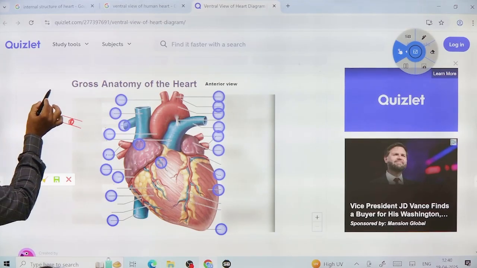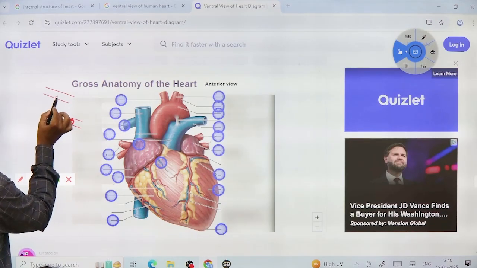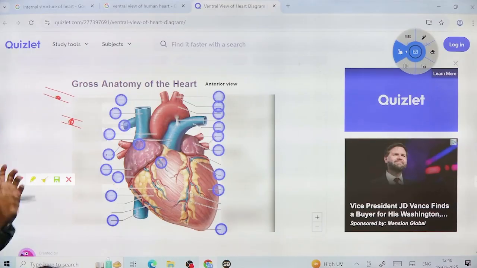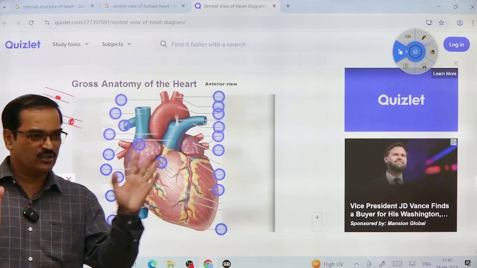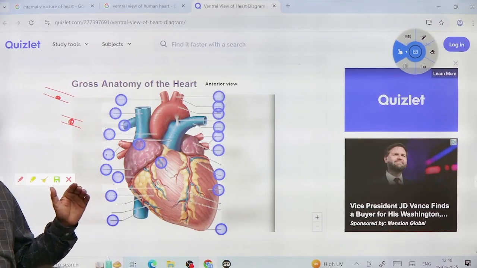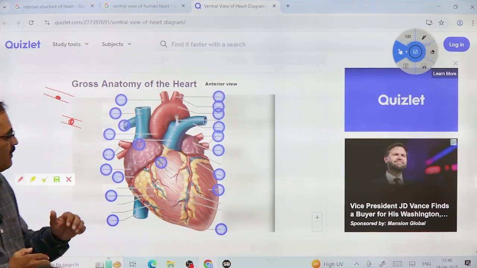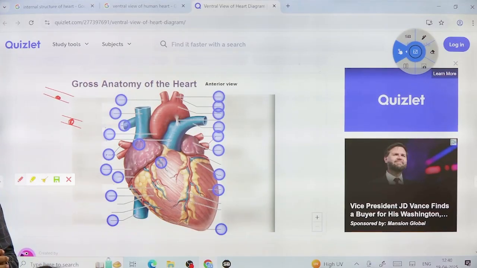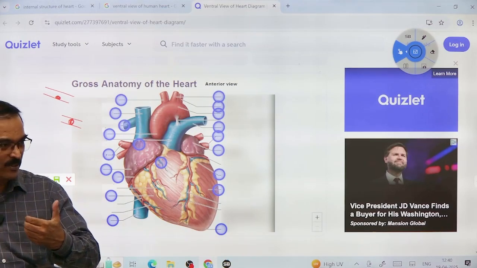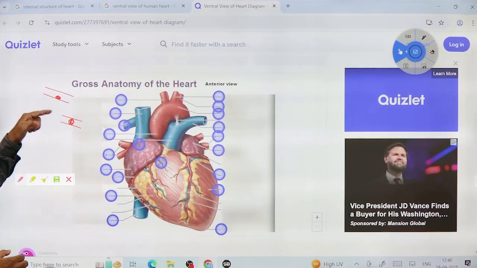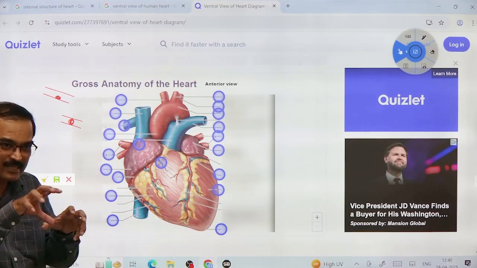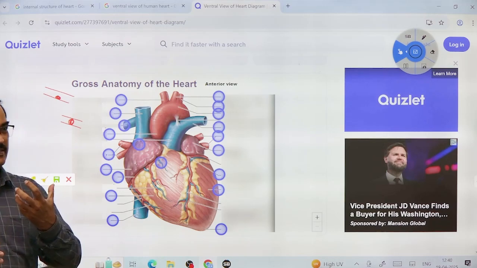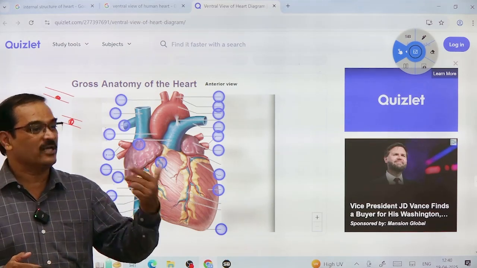But suppose there is a partial block like this, what will happen? When such a person does any exertion, at that time the person suffers from chest pain. Why? Because the further part of the heart is not getting sufficient blood. That's why the person suffers from chest pain, that is called angina pectoris.